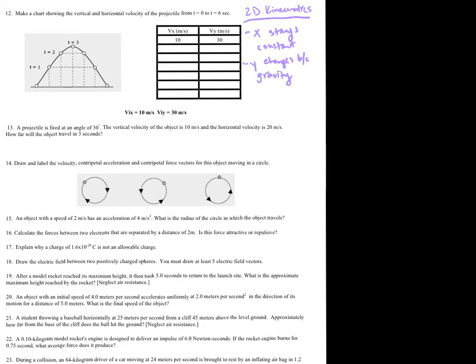Alright, so based on this, the horizontal velocity will stay a constant 10 meters per second in our ideal world. Vy, on the other hand, will slow down until it reaches the top and then speed back up going down. And this thing is also symmetrical. So t equals 0, 30 meters per second, is also the same at t equals 6.